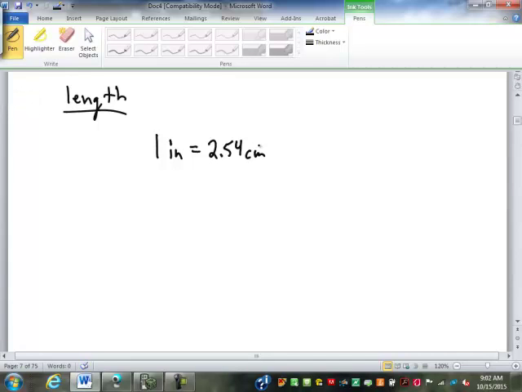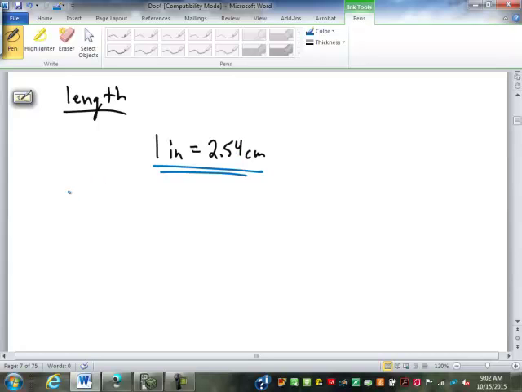It's down to a tenth of a millimeter, which is pretty close. Some of your others, like 1 meter being 39.34 inches, are a little bit more rounded off. But even with just this one conversion, I can convert pretty much whatever I want from standard into metric or the other way around.